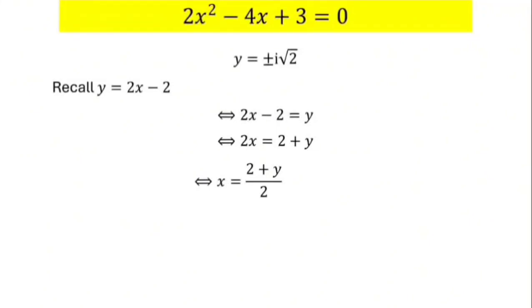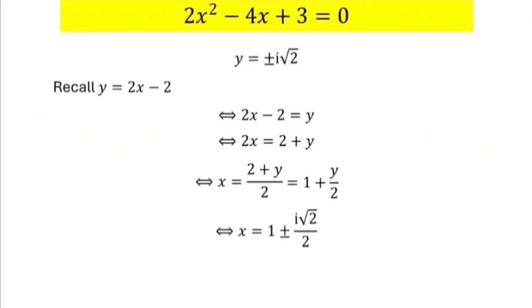Now, if your original quadratic had real coefficients, and if you used my tips to scale the quadratic to make the numbers easier, then this would be the first time that fractions become involved in this process. However, that's not a great issue now, as all we have to do is simplify the expression and then plug in our value of y, which of course is plus or minus i root 2.